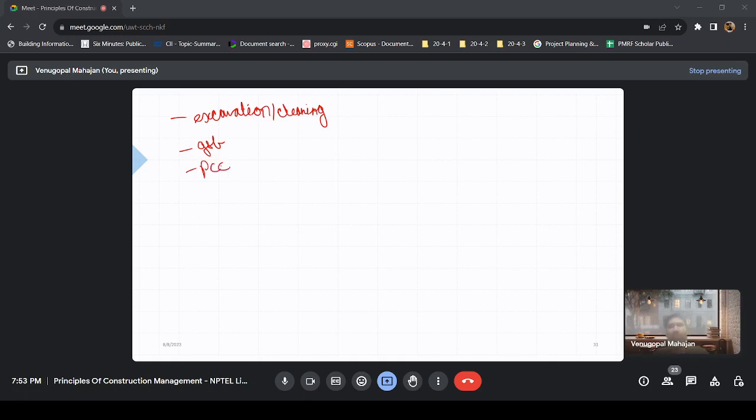Okay, what else? We can lay the blocks, sir. Okay, laying of blocks with mortar. Let's say you want to lay the paver, laying of paver with 1 is to 3 cement mortar. Yes, sir.